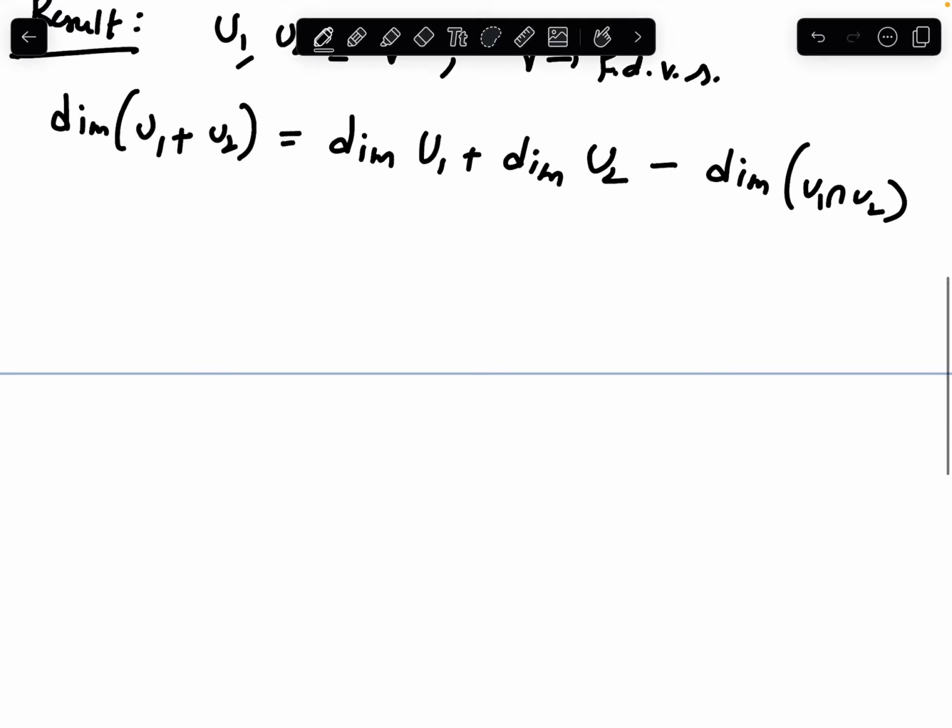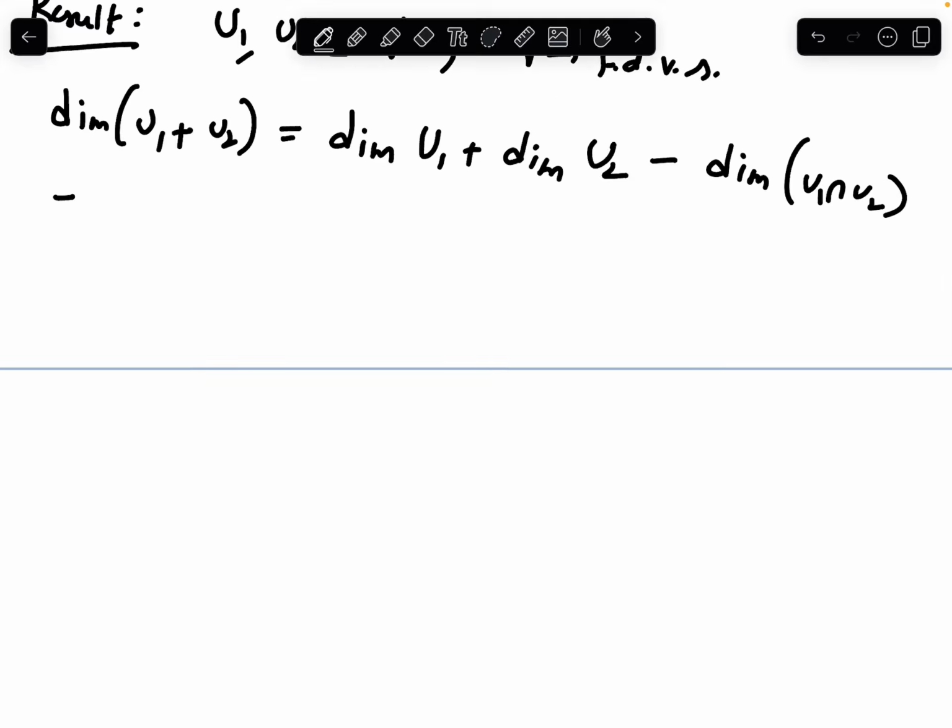Okay. Now, if it's a direct sum, then we know from our last video that this is equivalent to u1 intersection u2 being a zero space, right?